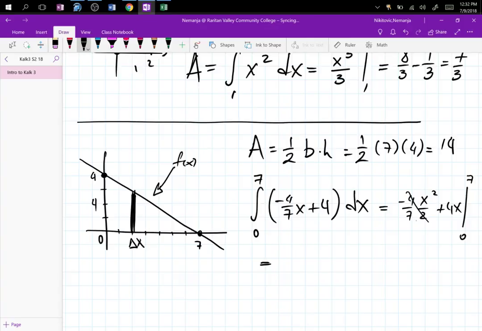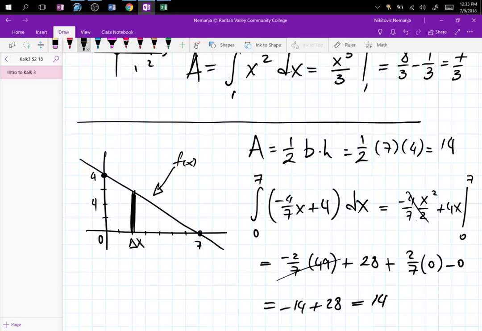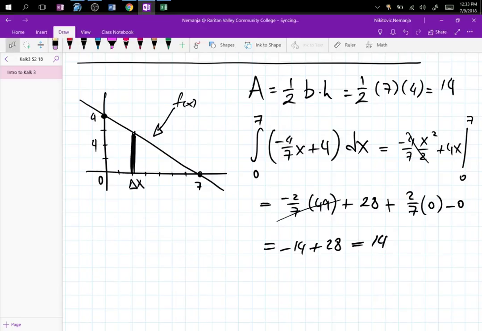These two die, so I have negative 2/7 times 49 plus 28, and then minus plus 2/7 times 0, and then minus another 0. No one cares about that. So these guys cancel, and I get negative 14 plus 28, and there is 14. That's why, you say to the kid. It's obvious, right?